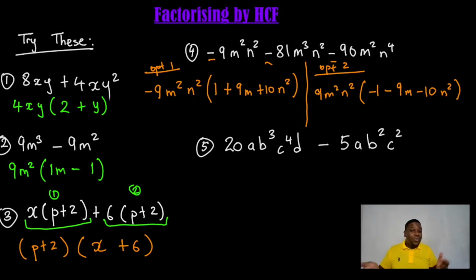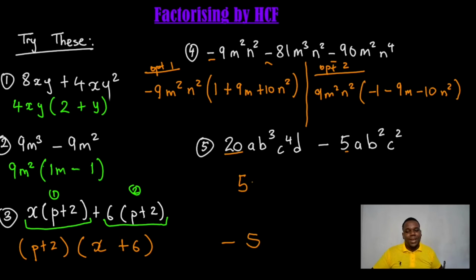So now that you know that you can factor out a negative if you have a negative, we could also do it with number 5, right? So we see that the common factor for 20 and 5 would be 5. So we could factor out a 5, or we could factor out a negative 5. So we're going to do both.